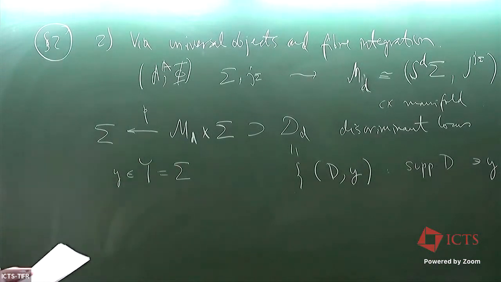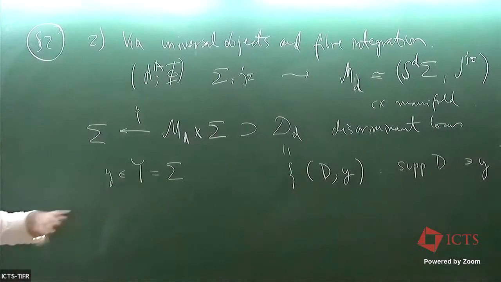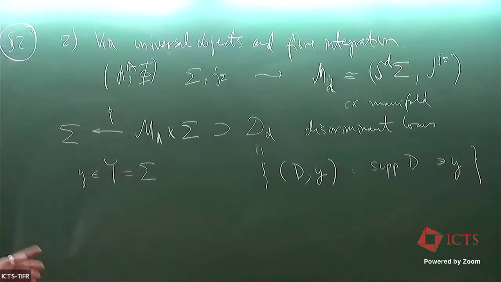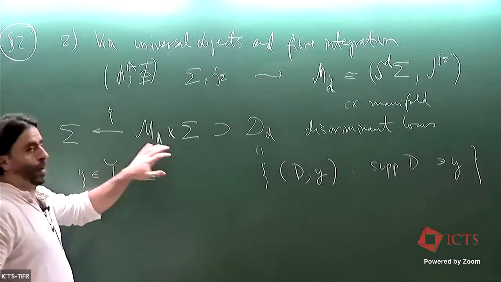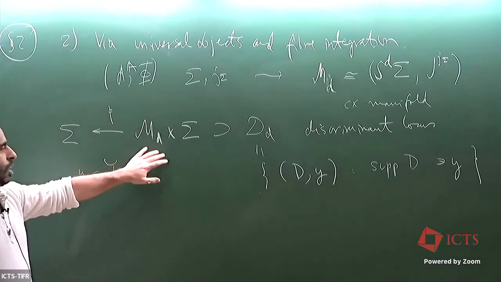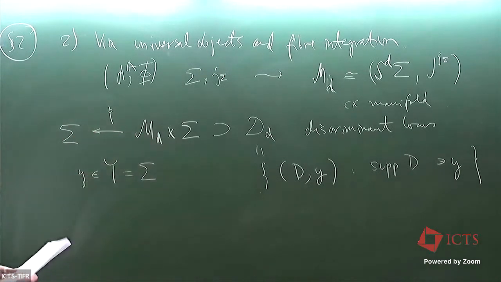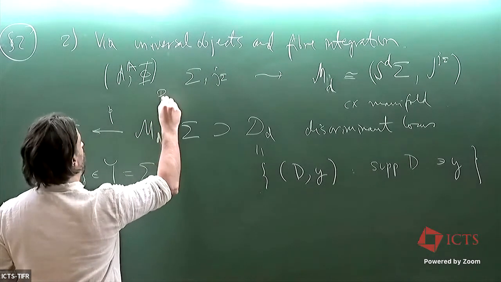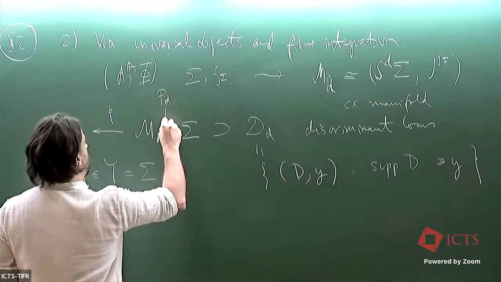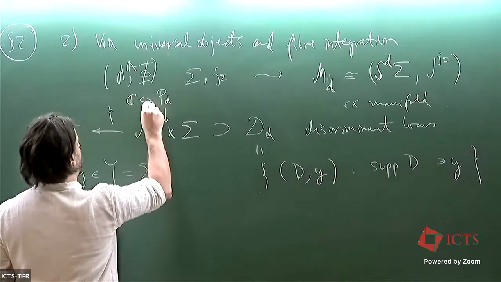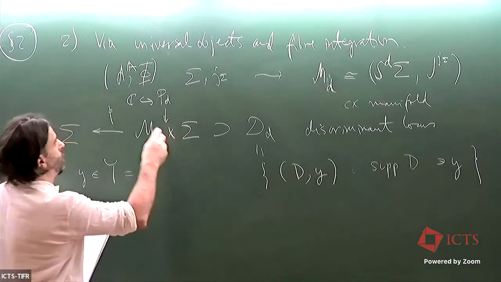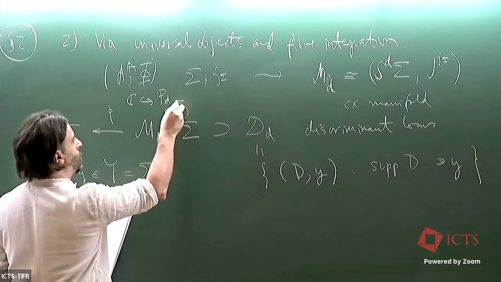Now if you know algebraic geometry, you know that this already gives you a line bundle over this compact complex manifold, which I'm going to call PD. So this is going to be a line bundle, and this phi is going to be a section of this line bundle.